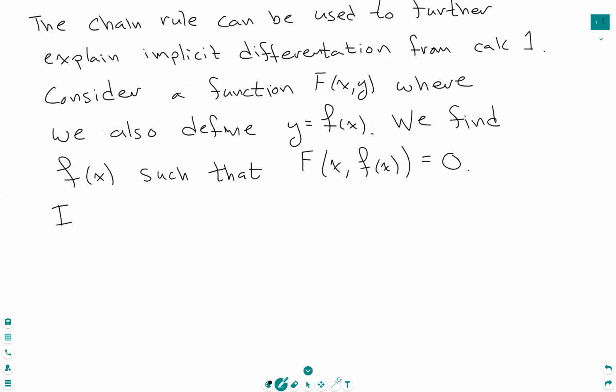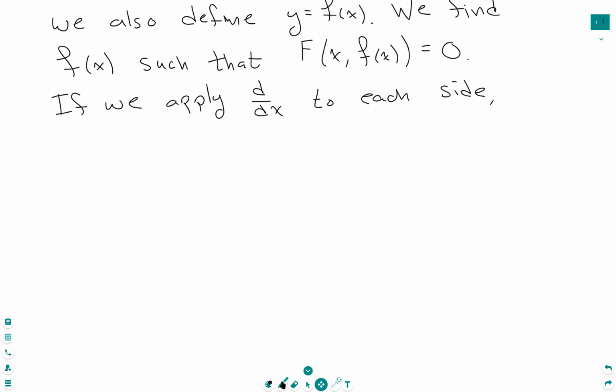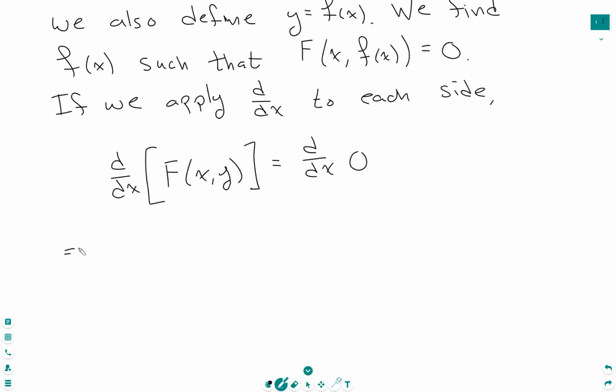So if we apply a d dx to each side, so we're looking at d dx of F of x and y, and d dx of 0, which you can imagine just gives us a 0.